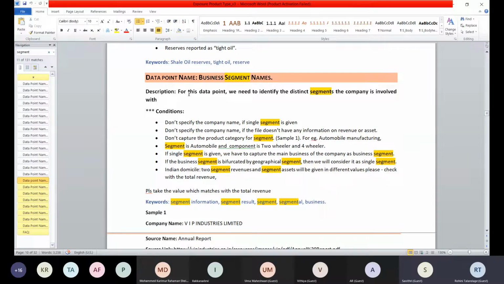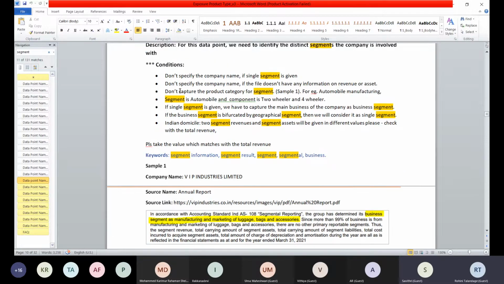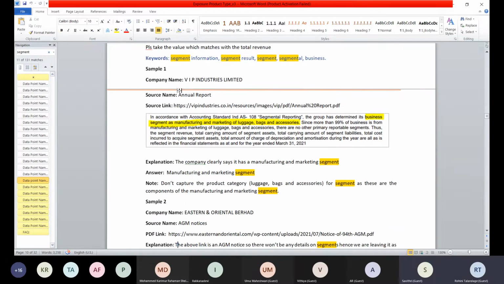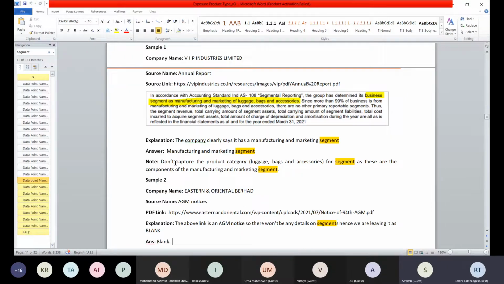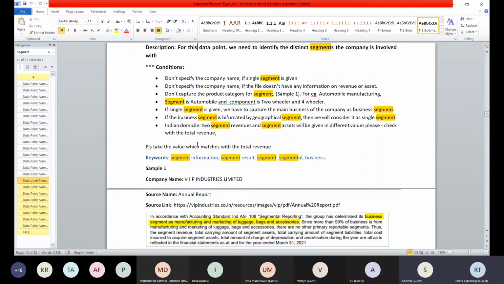Now for business segment names, we need to identify specifically which segment the company is involved in. Here I will give you one example. You have to go with the keyword segment.